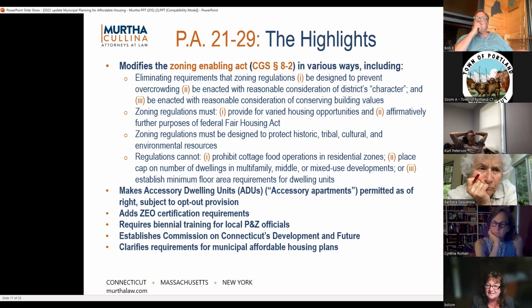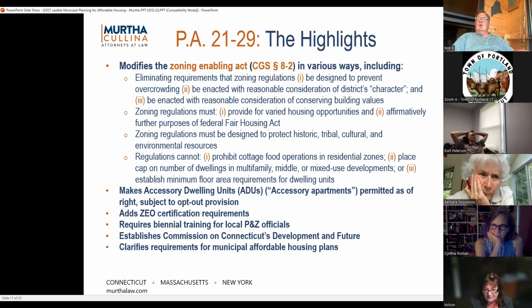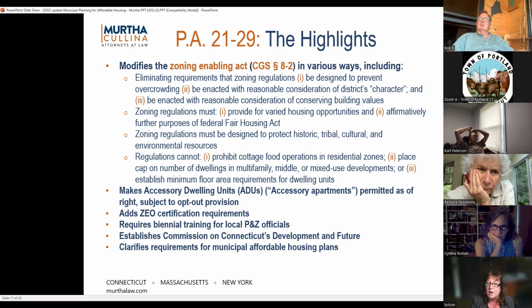They're trumped by the Public Act. So they're not enforceable. It also adds CEO certification requirements, biennial training for P&Z officials. It establishes a commission on Connecticut's development and future, and it clarifies requirements for municipal affordable housing plans. Meaning that now, well, I think that's the next slide. Go ahead.